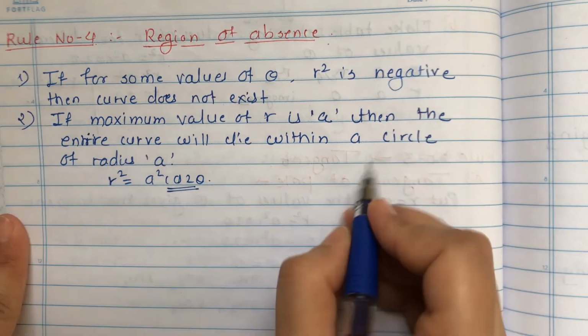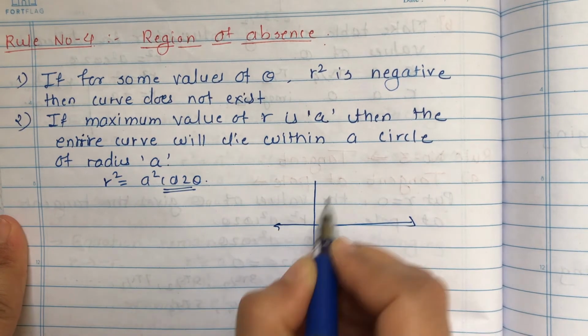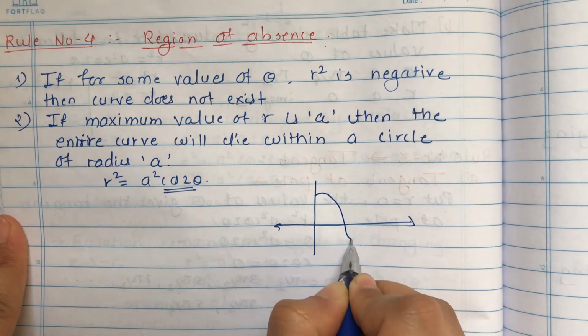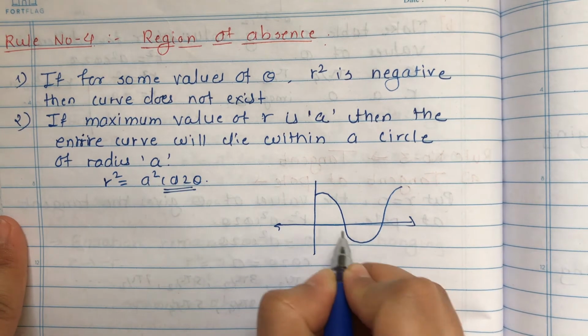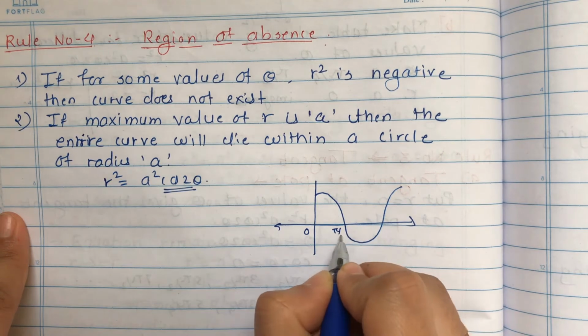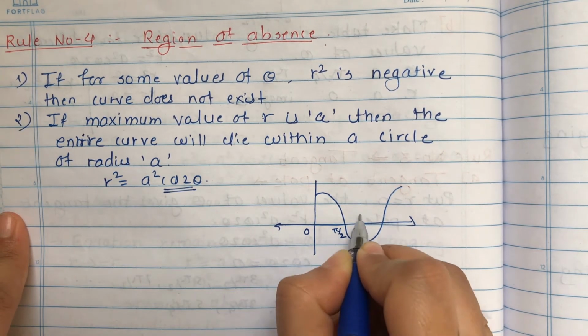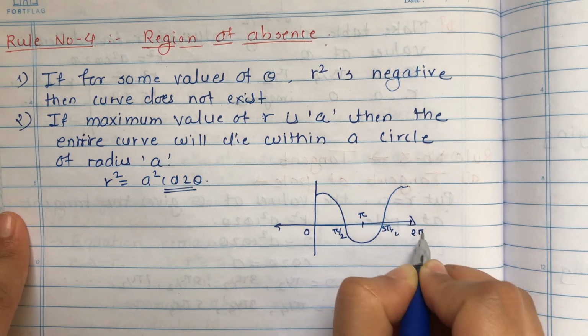See, we'll draw the graph of cos theta, right? This is 0, this is pi by 2, this is pi, this is 3 pi by 2, and this is 2 pi.